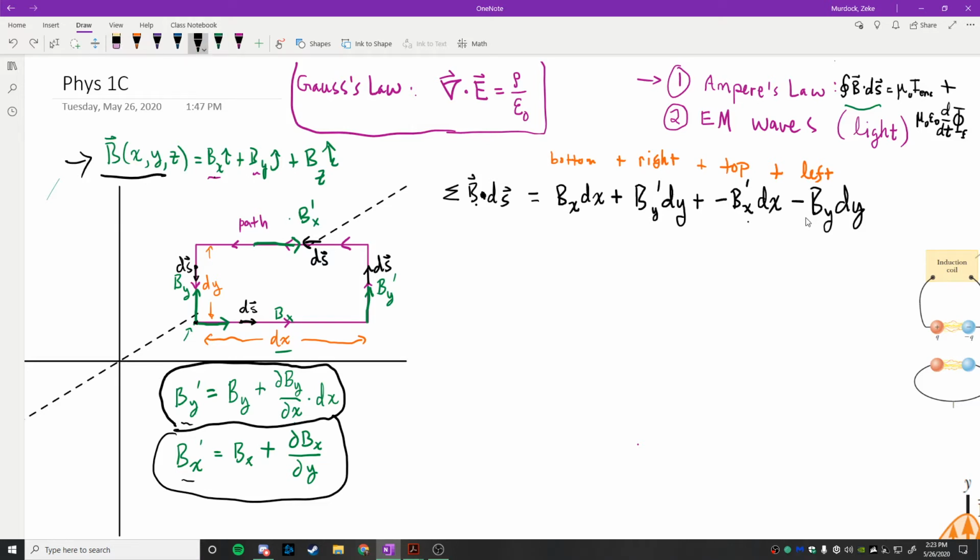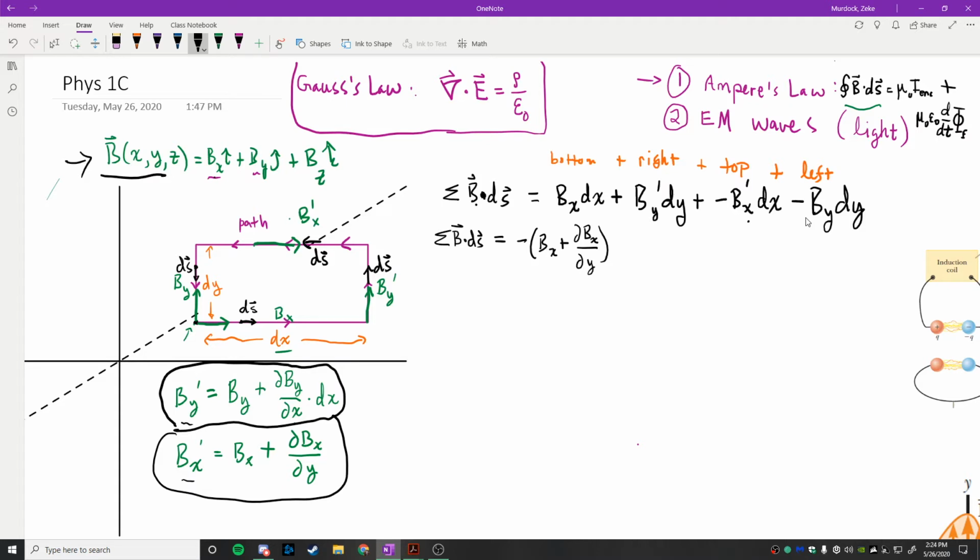All right. So let's evaluate what this is now. If I sum up b.ds around my system, what I'm going to get is I'll leave bx dx here, okay? But I want to look at that term right there. Negative bx prime dx is going to be something like negative of this thing here, bx plus the partial derivative of the x component of the magnetic field with respect to y.